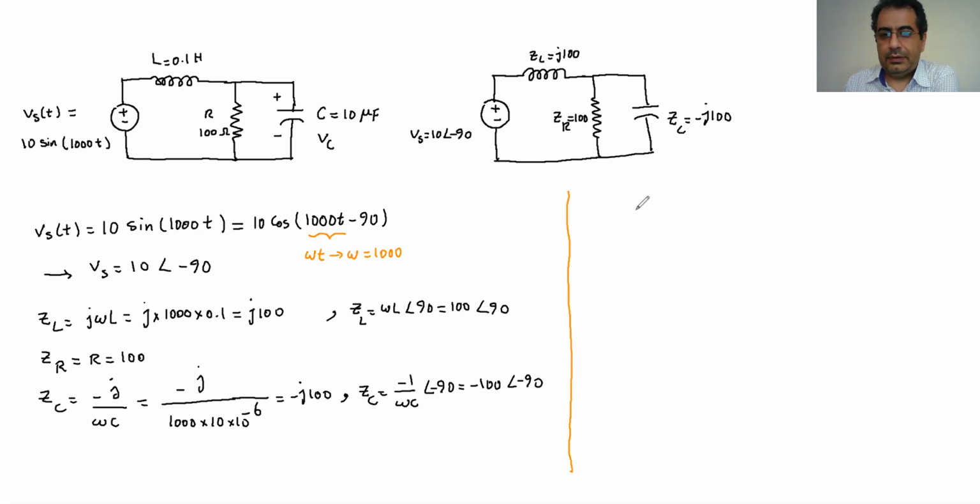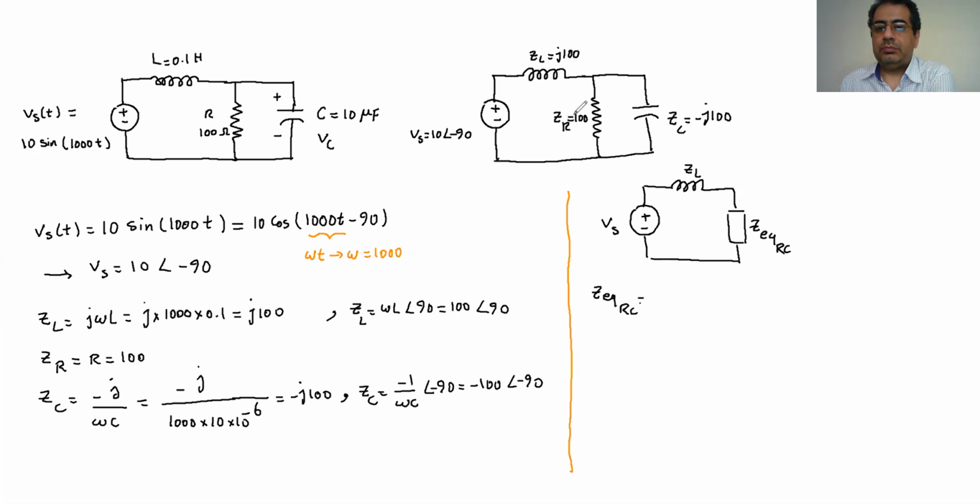I'm going to have my Vs, then ZL, and then an element here which is the Z equivalent for the R and C. As I said, they behave as resistances.